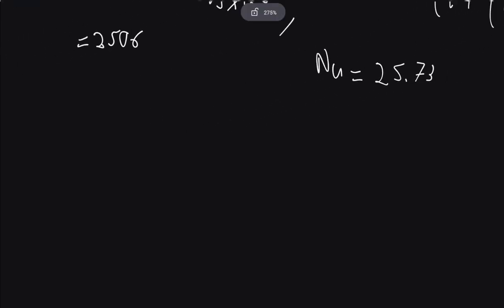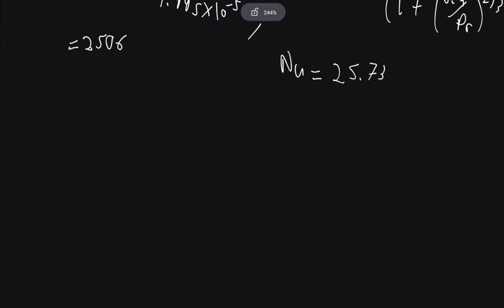Great. Now what we can do is use the actual definition of the Nusselt number, which is hD over k. That means that the Nusselt number times k over D is equal to h.